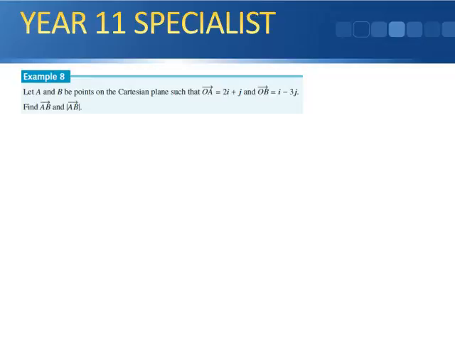Example 8. Let A and B be points on the Cartesian plane so that OA is 2i plus j and OB is i minus 3j. Find the magnitude of vector AB. Vector AB will be A to O plus O to B. So A to O is the opposite of that, so the negative part.